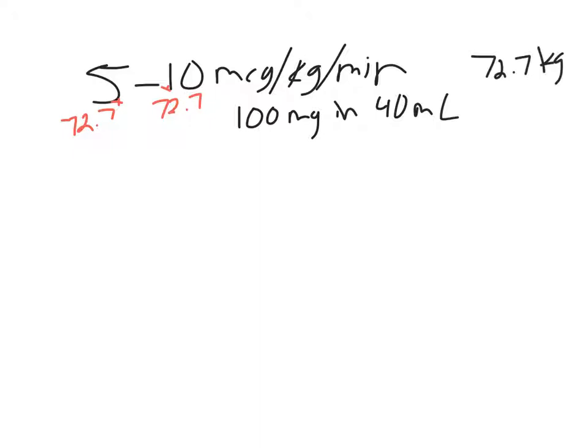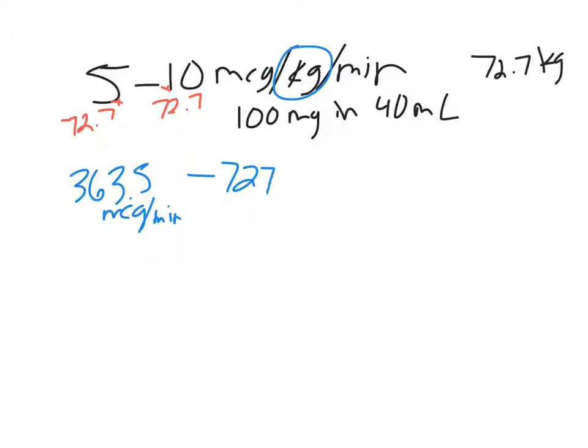So, again, you may want to be as precise as possible, but that's something you might want to ask your instructor. So I'm just going to use the 72.7 and say that that is now 363.5. And all we're doing is eliminating this part by multiplying the weight. So that's micrograms per minute. When I multiply that by 10, then that's 727 micrograms per minute. So there's your range, 363.5 to 727 micrograms per minute.